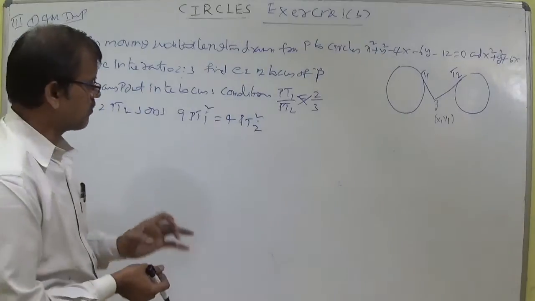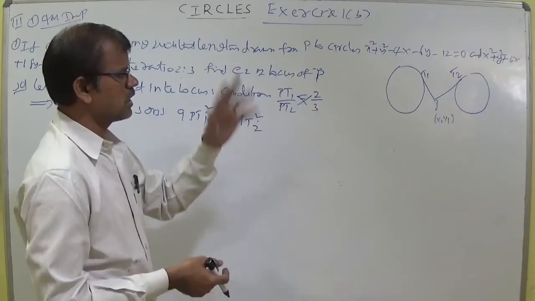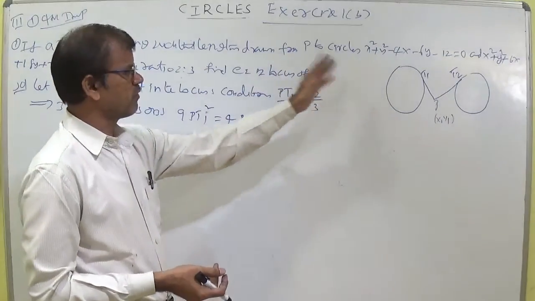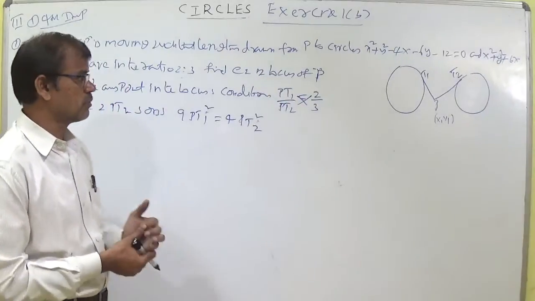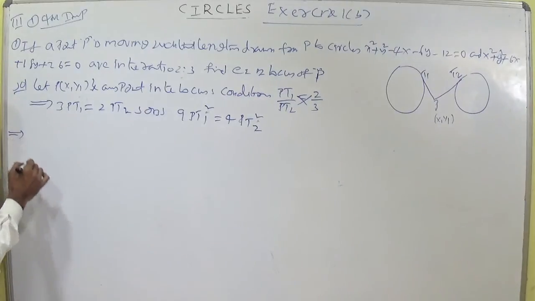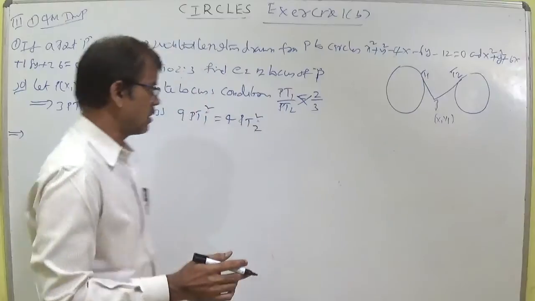Originally this is an important 4 marks question, but an objective sum is also there, for 1 mark, so directly we can write 9PT1 square equals 4PT2 square. Here this is the first circle S and this is the second circle S dash.